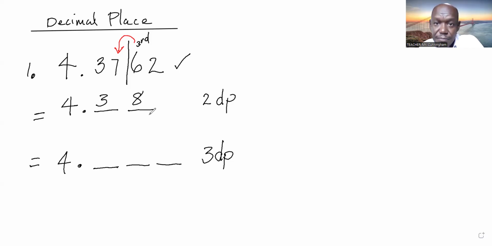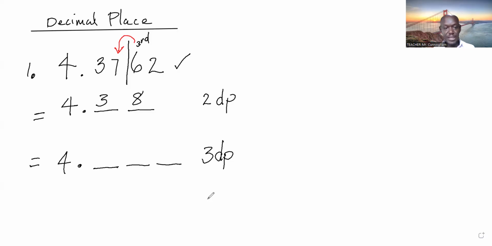So let's start with Trinity. Girls first. Trinity, your answer to 3 decimal places is correct. Malachi, to 3 decimal places is correct. And Leilani, all right, that's correct as well.